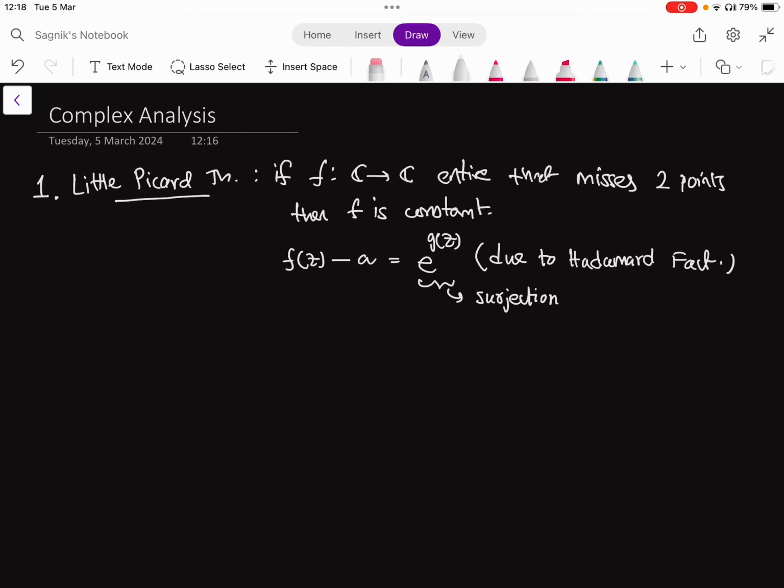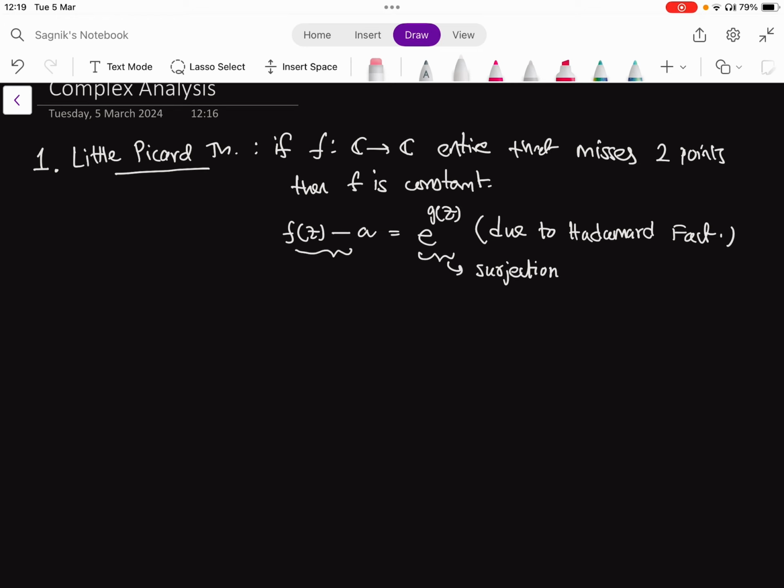That uses the fundamental theorem of algebra. So this has to hit every point, in particular if this is non-constant. Otherwise, if it misses another point, then it has to be constant, because in that case, g of z has to be constant and stuff like that. That's easy.